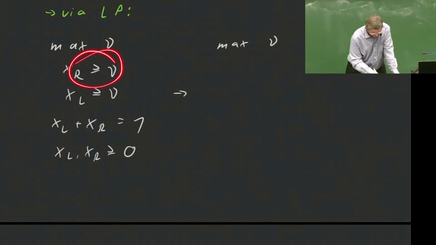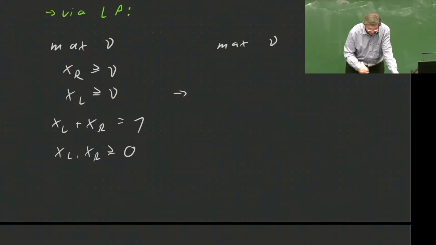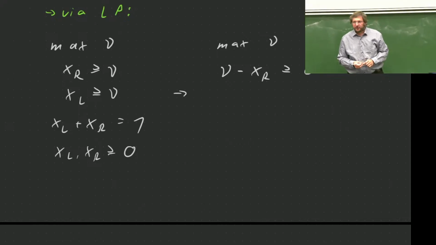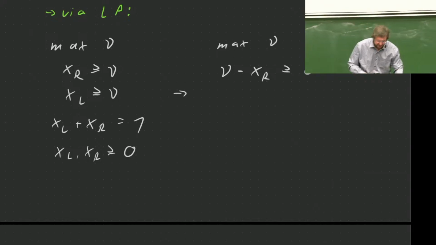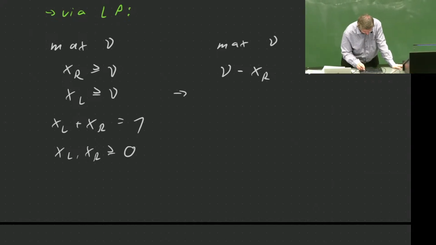We have an inequality constraint here. And more precisely, this can be written as nu minus xr is less or equal to 0. Sorry, I should use the other way around. My bad.